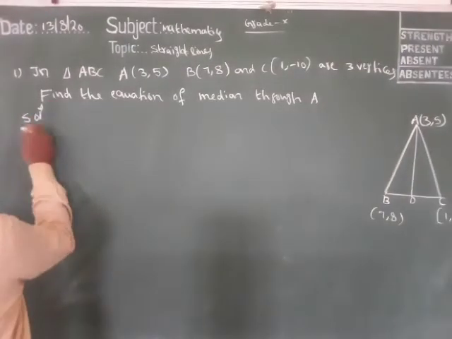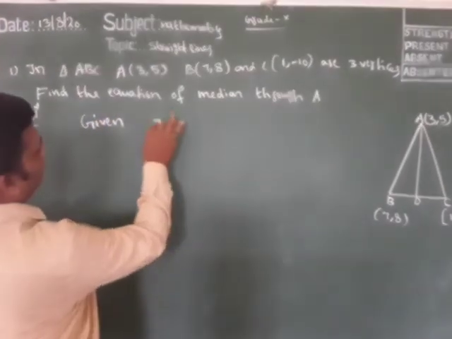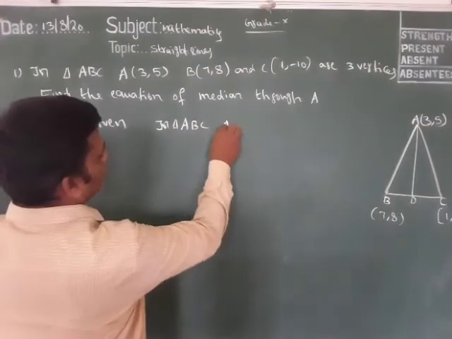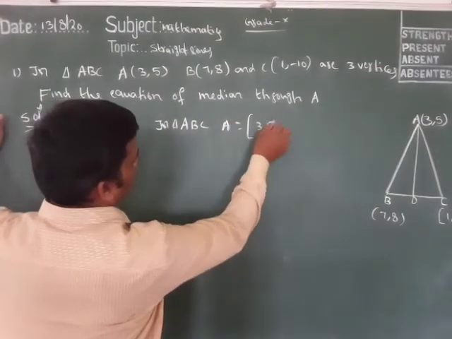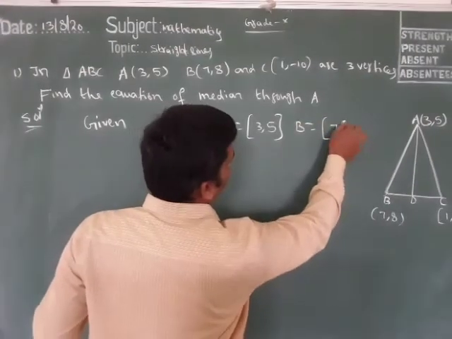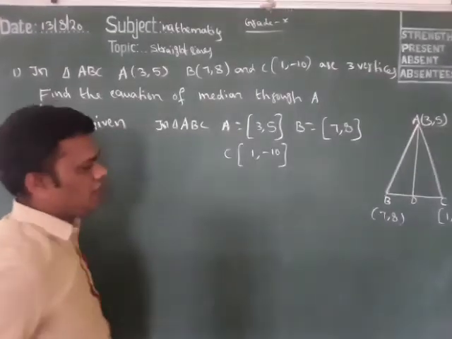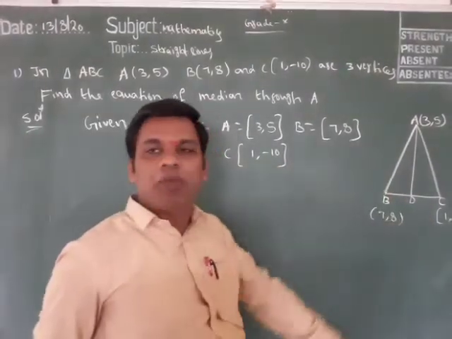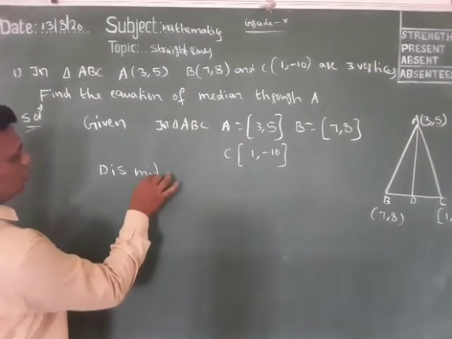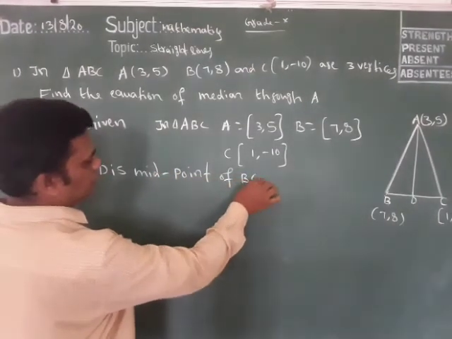See the solution given. In triangle ABC, A (3, 5), B (7, 8) and C (1, -10), and D is the midpoint of BC.